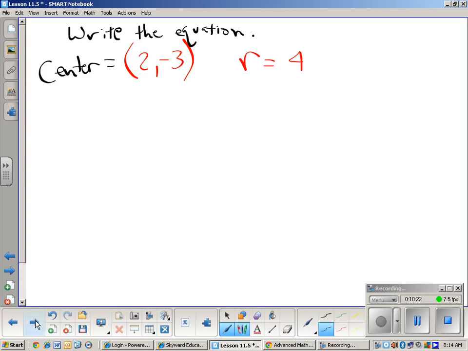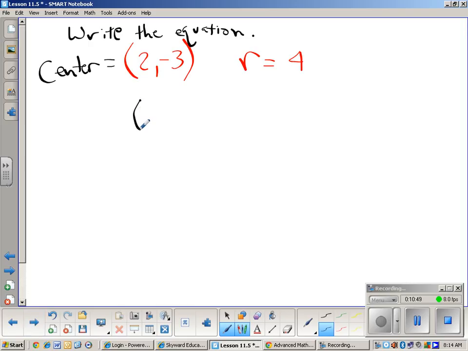Here we have the center and the radius, and they want you to write an equation. Question, Jacob? I was gonna say the answer. Okay, let's let someone else. I'd like someone new that hasn't helped me yet. Jacob, you want to tell us the standard form of the equation we're looking at?